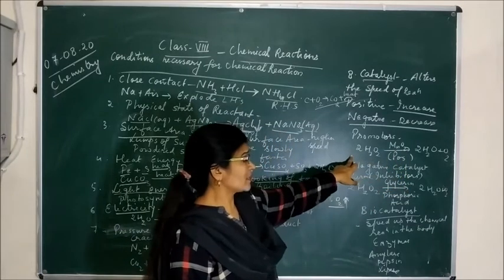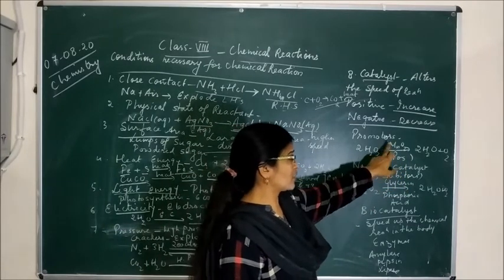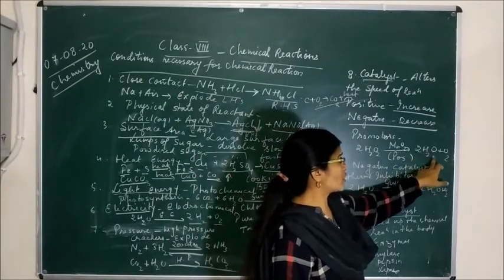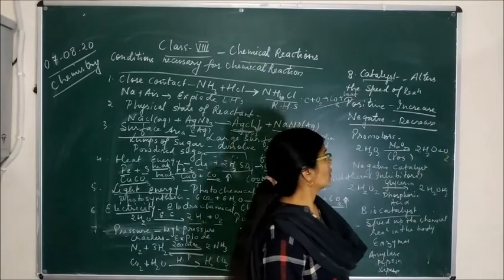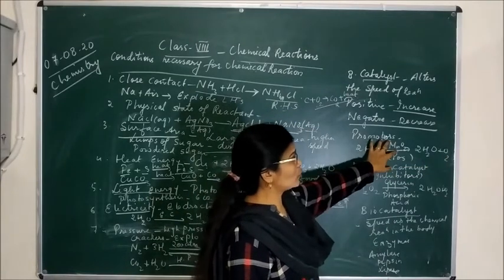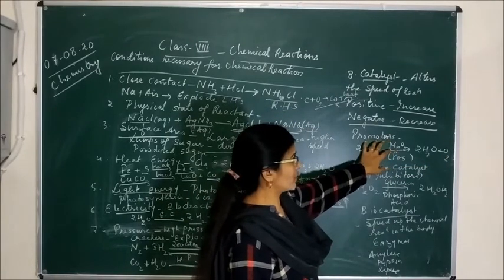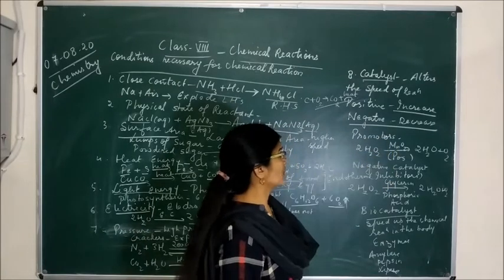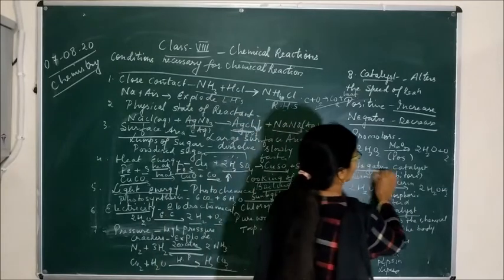When H2O2 comes in contact with MnO2, it forms H2O, that is water, plus oxygen gas. So the MnO2 we are using here is the positive catalyst, or we can say positive promoter.